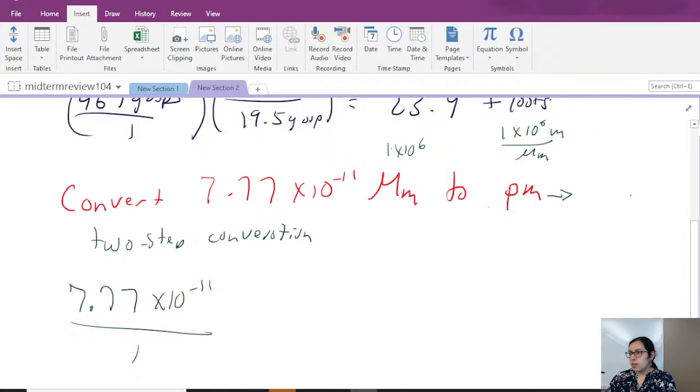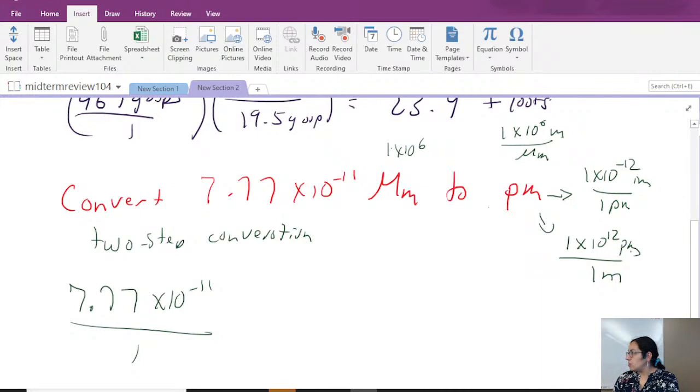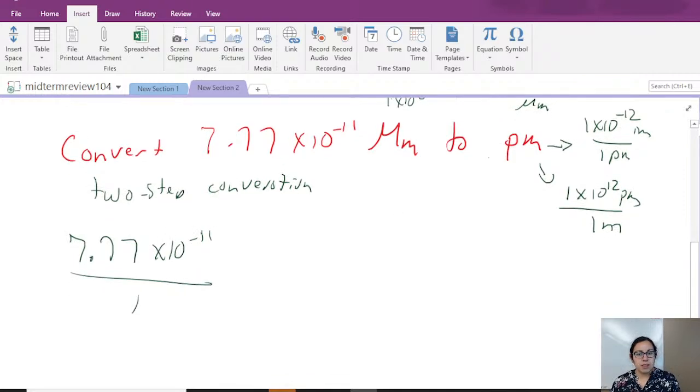So 1 times 10 to the negative 12 meters is equal to 1 picometer, but I like the big exponents better, so I'll put 1 times 10 to the 12 picometers is 1 meter. So these are just two conversion factors. I'm going to use the ones with the positive exponents just because that's what I like.